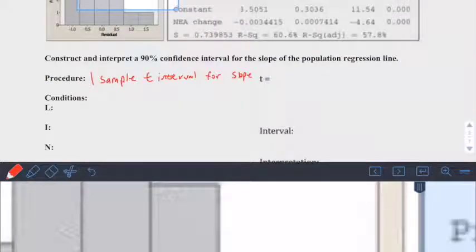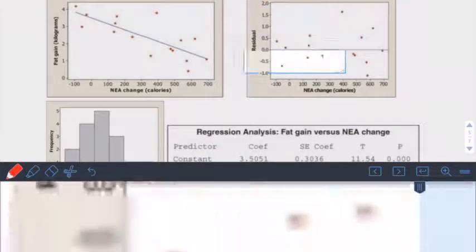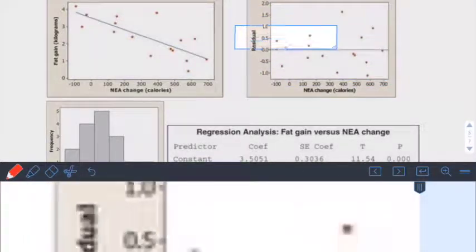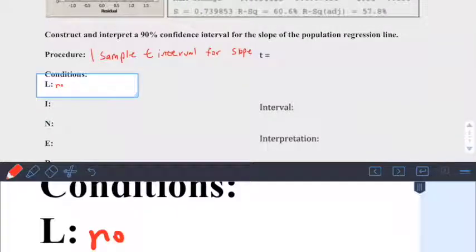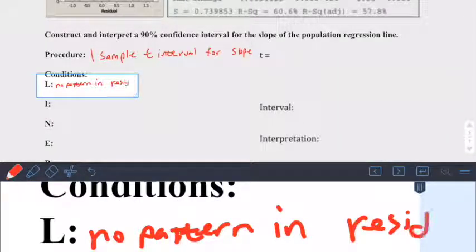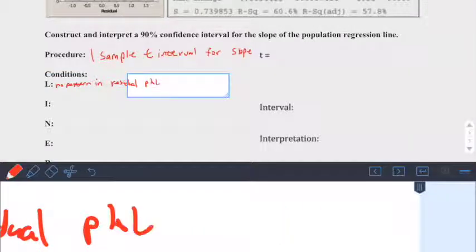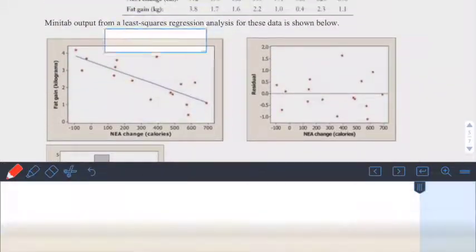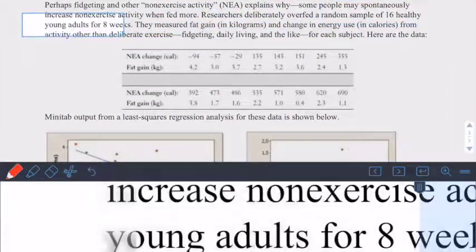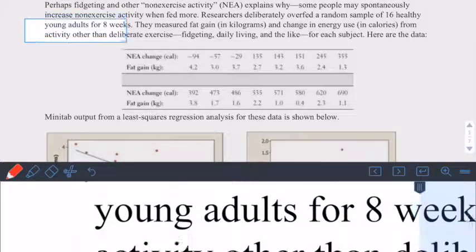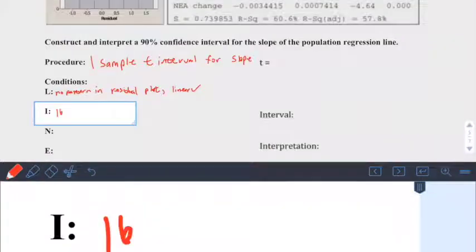So looking at our residual plot, we see no sort of pattern forming, so we know that this is a linear regression. Independent: well, we could say that 16 healthy young adults is less than 10% of all healthy young adults.